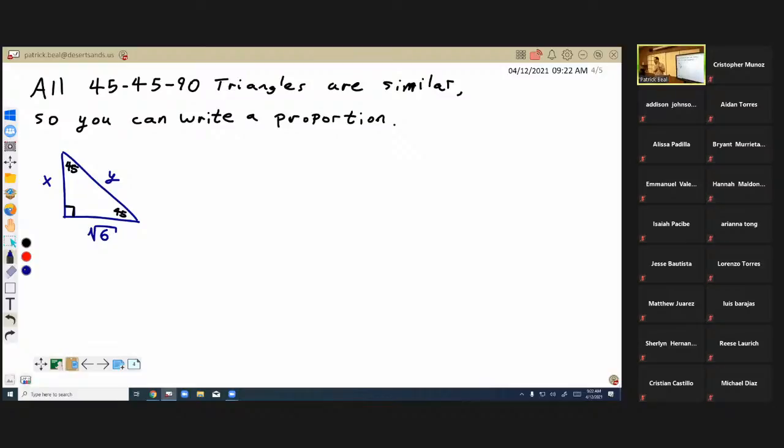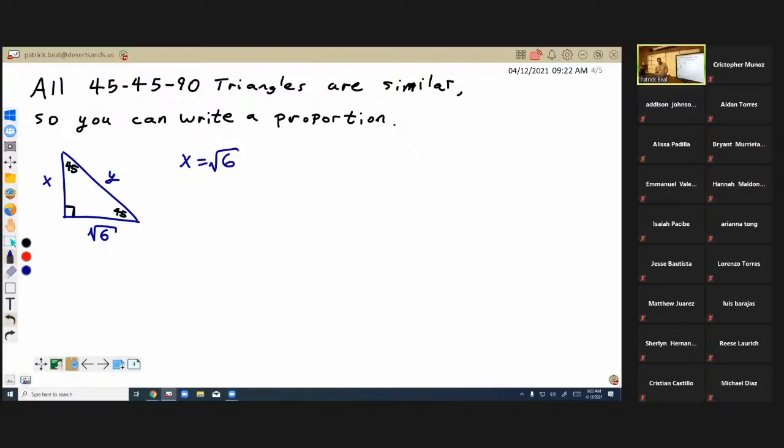Help me. I need to know how long the other leg is. Square root of 6, yes. So if this leg is the square root of 6, and the other leg is also the square root of 6, those two legs are always going to be the same.